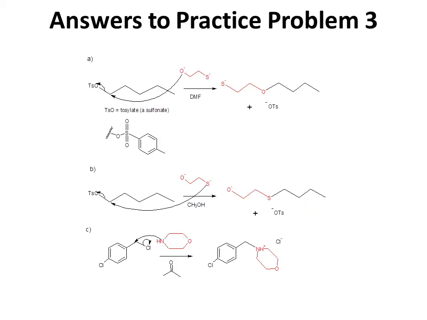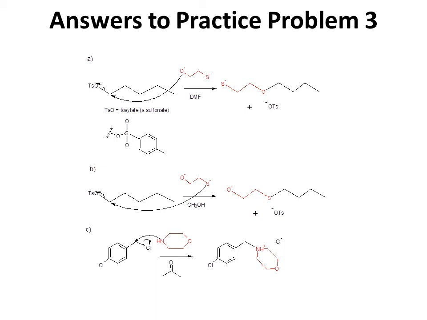Answers to practice problem 3. In problem A, we have a tosylate, which is a kind of sulfonate, as a leaving group. And our nucleophile has two distinct nucleophilic atoms, a negatively charged oxygen and a negatively charged sulfur. The solvent is under the arrow, and that's N,N-dimethylformamide, or DMF.